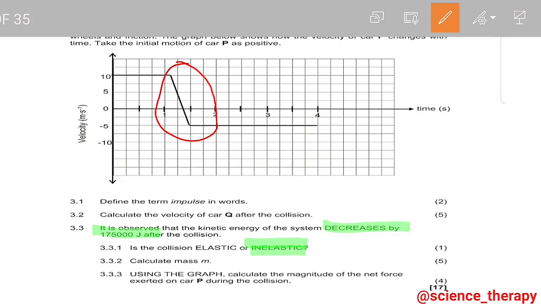Then 3.3.2 says calculate the mass m. Now for 5 marks, there is a hint there. They spoke about energy, and then we have 5 marks. So that means for this one, to calculate mass m, we now have to consult the sum of kinetic energy.